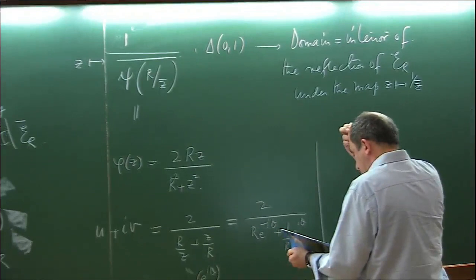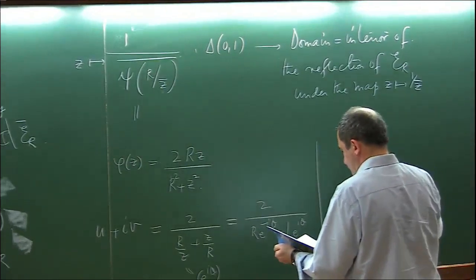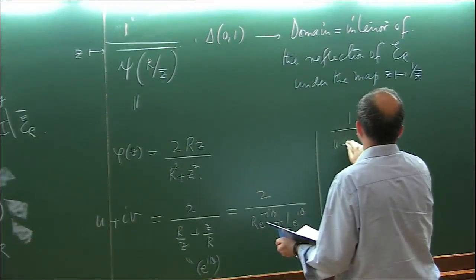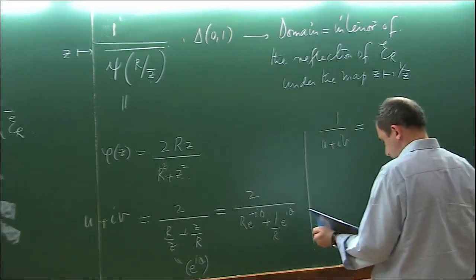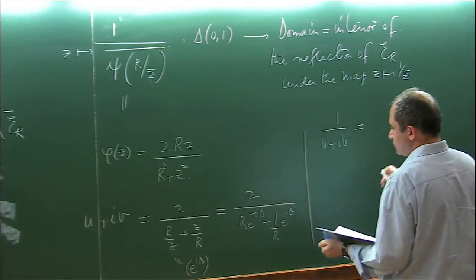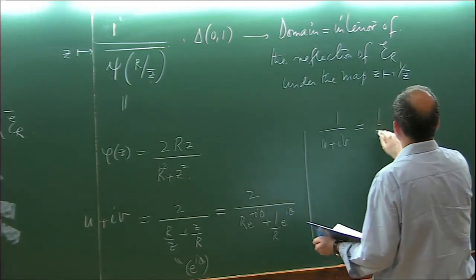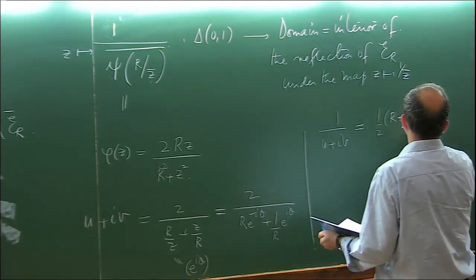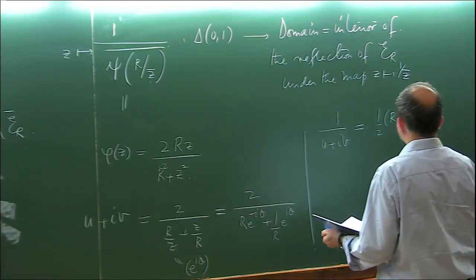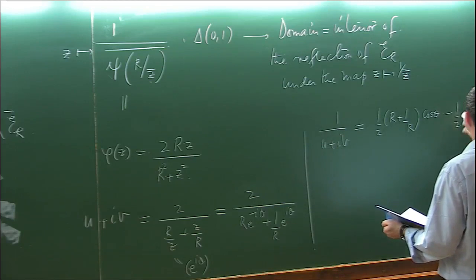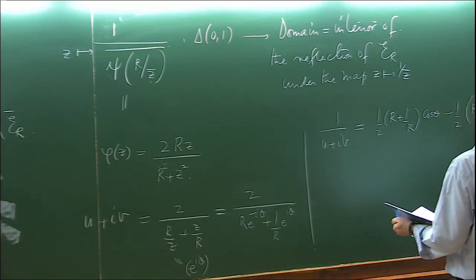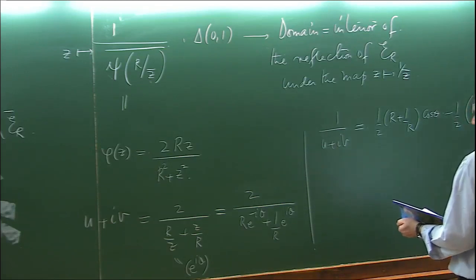And if we do this properly, then what do we get? We get that 1 over u plus iv is half r plus 1 by r cosine theta minus half r minus 1 by r sine theta.